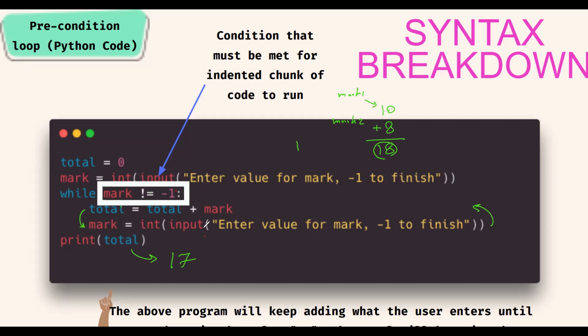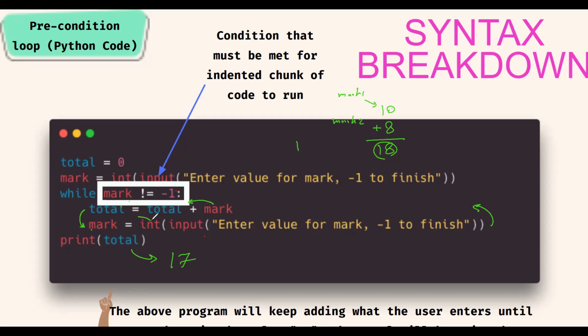Because when you are checking this condition, you are making sure the mark is not -1, and then based on that you add the mark to the total. If you switch, it means that you add before you check that the mark is not -1.